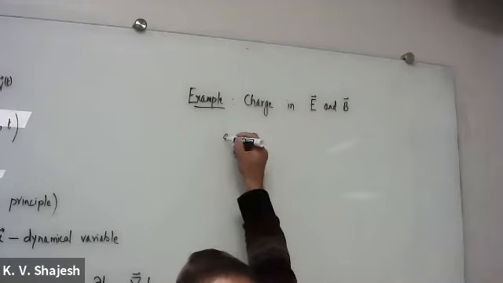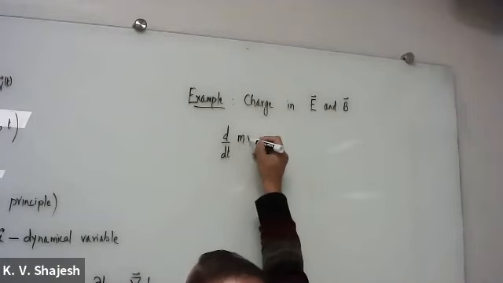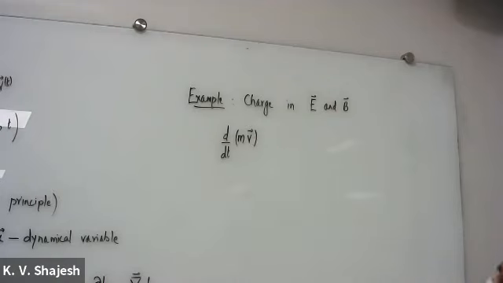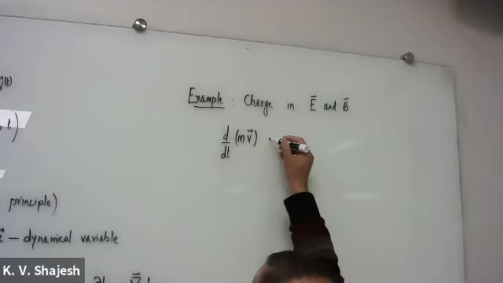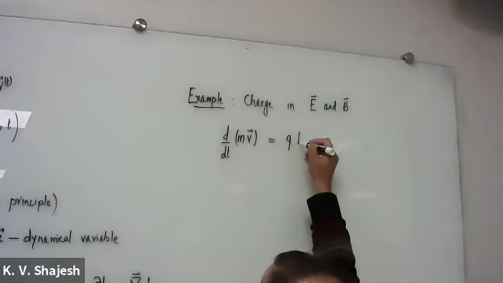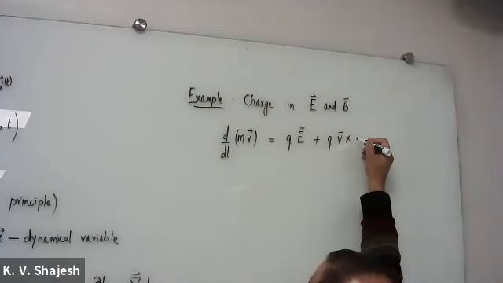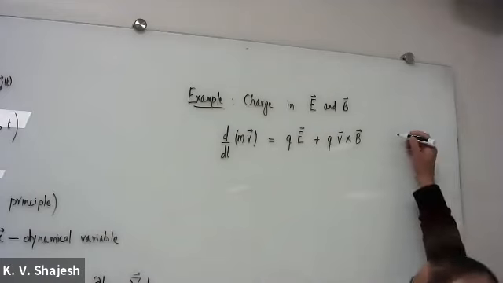If we write down our Lorentz force equation, this time I want to specify what the force is. We're starting from the Newtonian force, so the time derivative of mass times velocity is equal to Q times the electric field plus Q times V crossed with B. And that's the Lorentz force.